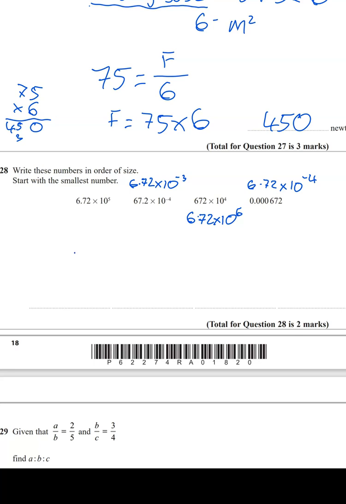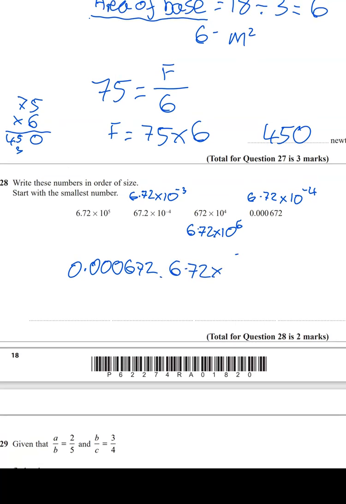So now I can just look at the powers and I can put them in order. So 0.000672. Then this one, 6.72 times 10 to the minus 3. Then this one, 6.72 times 10 to the 5, and then this one, 6.72 times 10 to the 6.